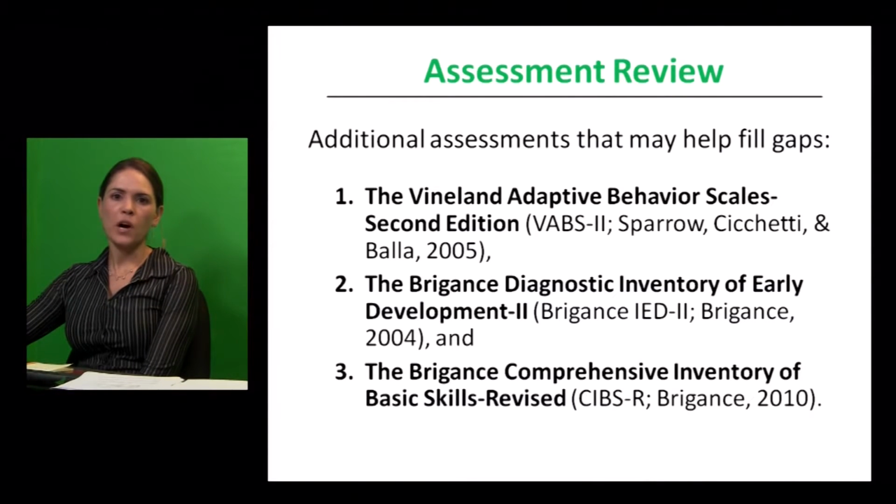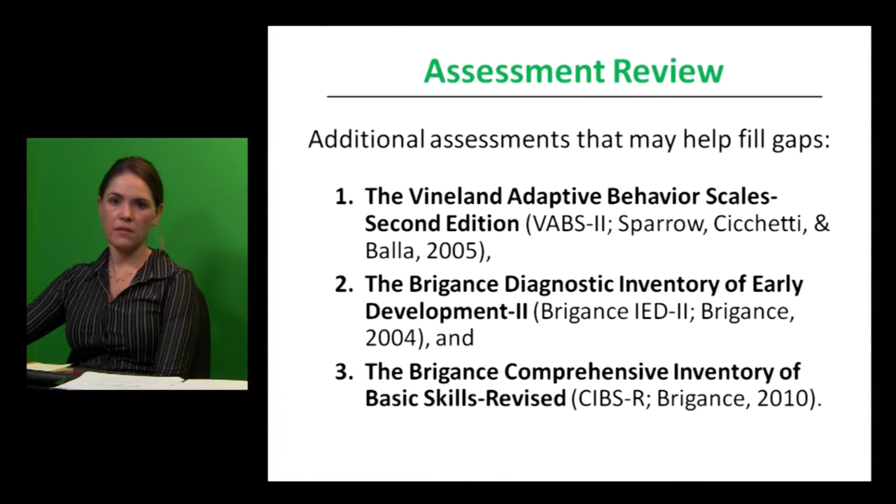So you might also want to include the Vineland for adaptive skills, and there's some social skills in that one, as well as the Brigance Diagnostic Inventory of Early Development too, which gets into a lot of developmental skills that include motor skills and adaptive skills and social, and there's a kind of a mixed array of things that are assessed in this one. And then also you might want to include the academic area from the Brigance if you want to assess academic skills.